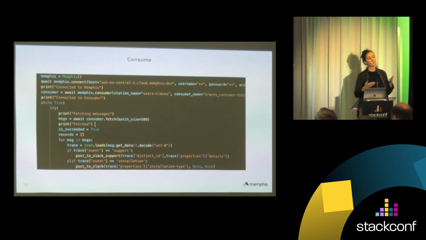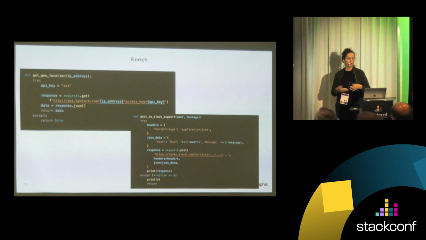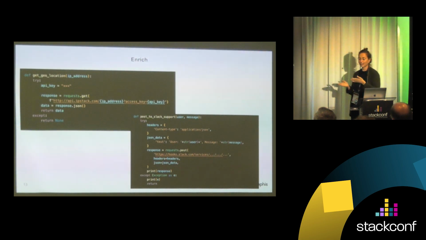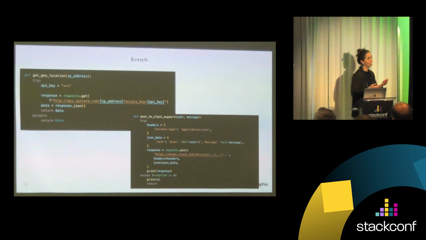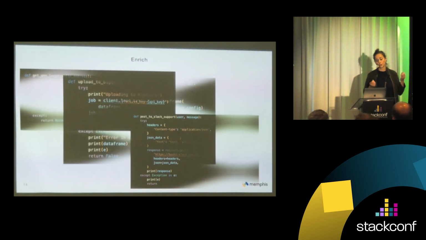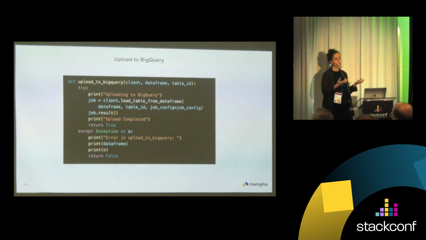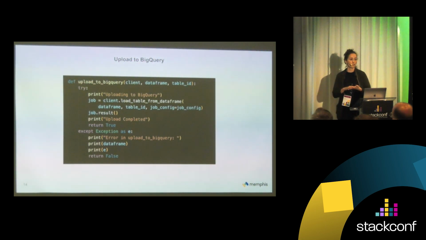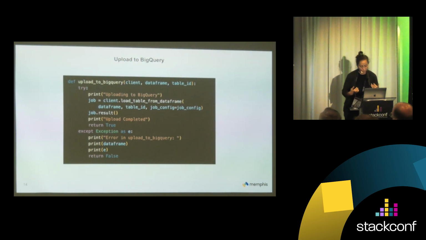For example, I could create a function with IPstack to get the geolocation. I also could post to Slack, for example, traces of support tickets, which was more flexible for me. And the upload to BigQuery function that I had before, I just pushed the messages from the consumer to BigQuery according to the schema that I already had in BigQuery from the previous solution.